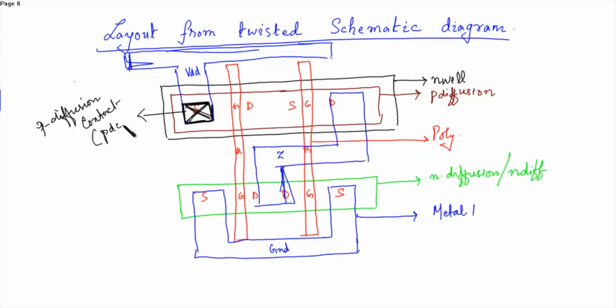Or you can say this is the PDC contact. Similarly, we need a PDC contact over here. Here we need a N diffusion contact. The P diffusion contact helps in connecting the metal layer with the P diffusion layer.